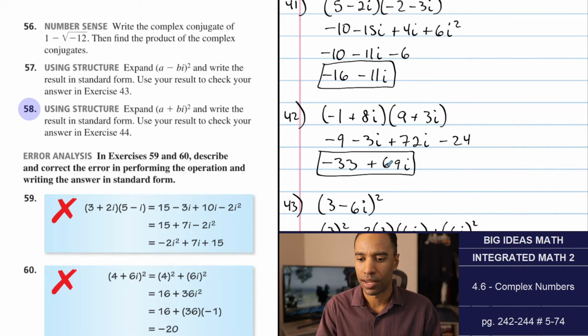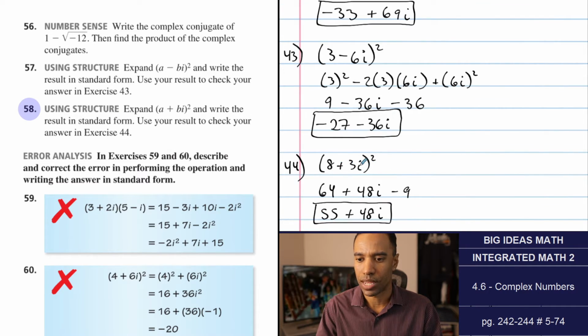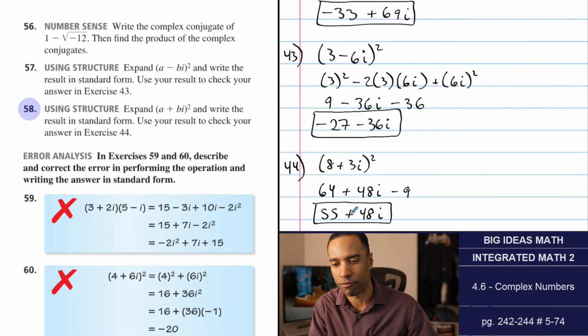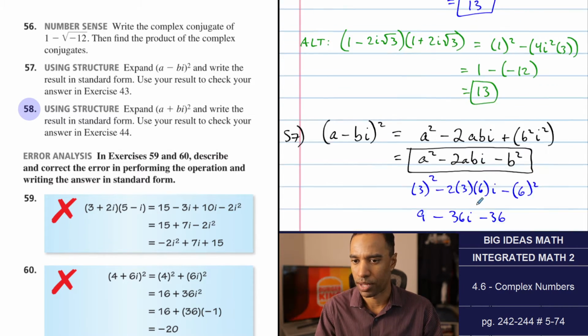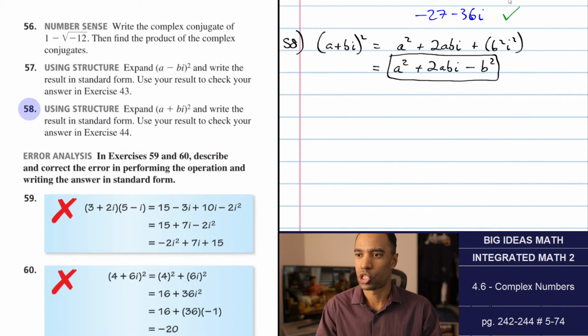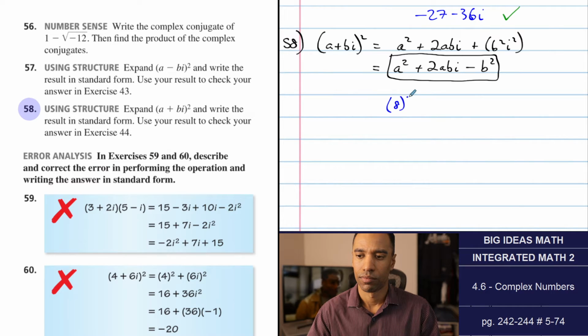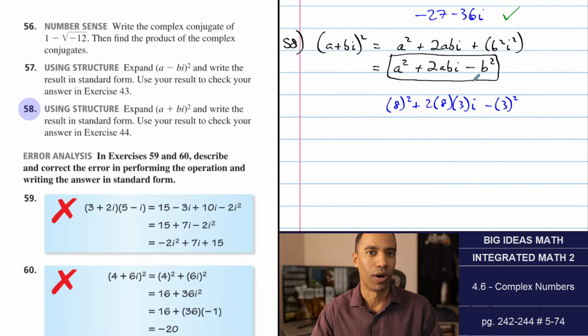Now, number 44 had (8 plus 3i) quantity squared, and we got 55 plus 48i. So 8 and 3. Let's check that. 8 squared plus 2 times 8 times 3i minus 3 squared. The problem is I'm doing the same work, right?